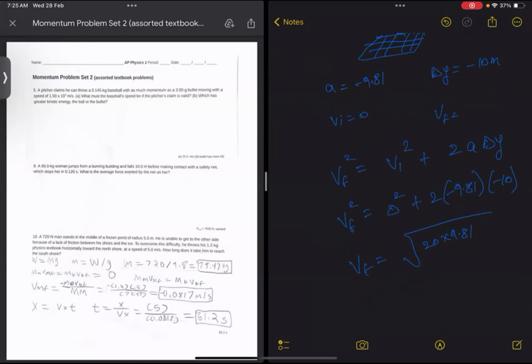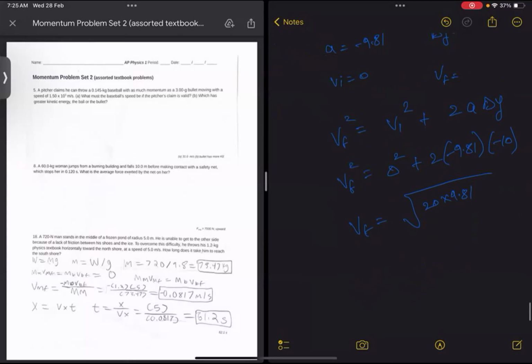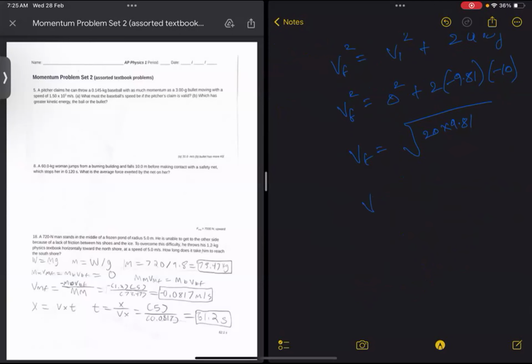Let's calculate this. 20 into 9.81 is 196.2, and the square root is 14. So Vf equals 14.01 meters per second. And this is in the downward direction.